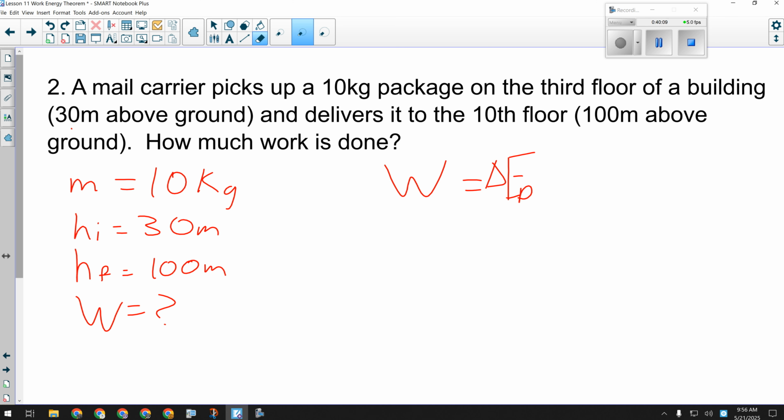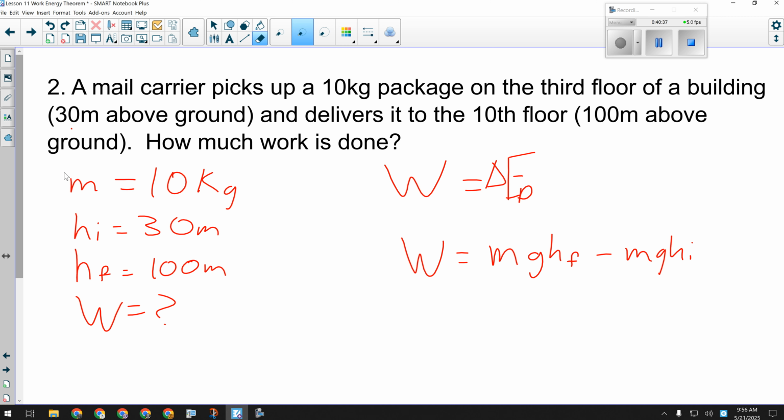All right, was I given force or distance here? Okay, and I don't need them. Question doesn't ask for them, and I can find the change in the potential energy. That's just going to be m times g times h final, my final potential energy, minus my initial potential energy. That gives me work. I don't need to multiply force times distance.